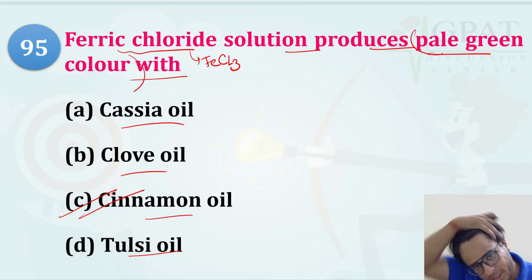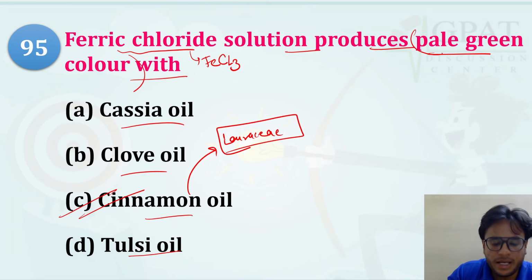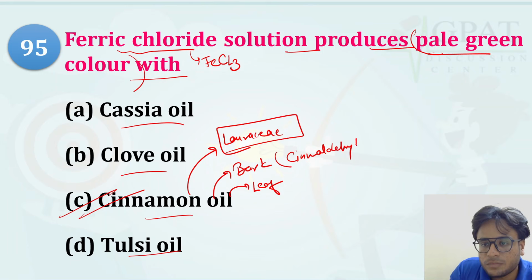Let's discuss more about cinnamon oil. It belongs to the family Lauraceae and has two components: one isolated from its bark and one from its leaf. The component isolated from the bark is cinnamaldehyde, and the one from its leaf is eugenol.